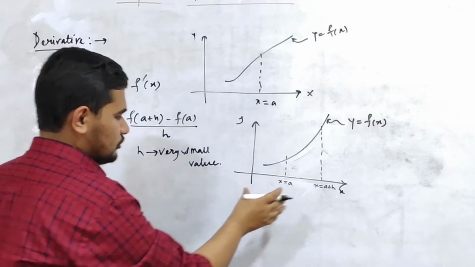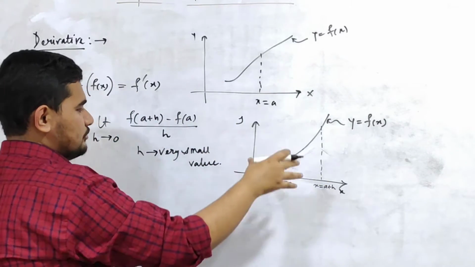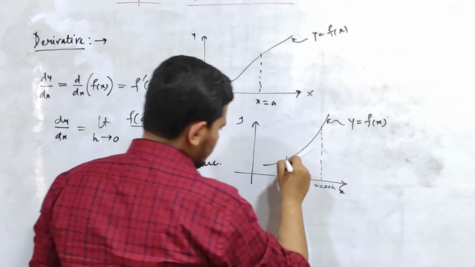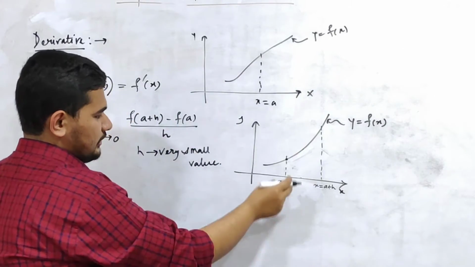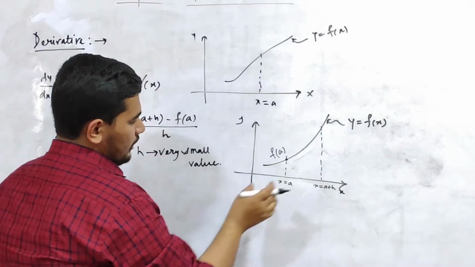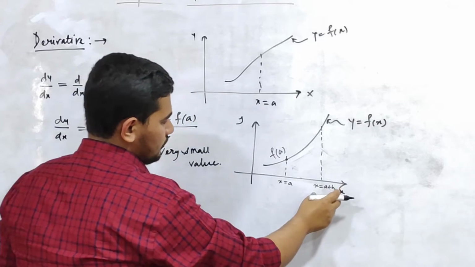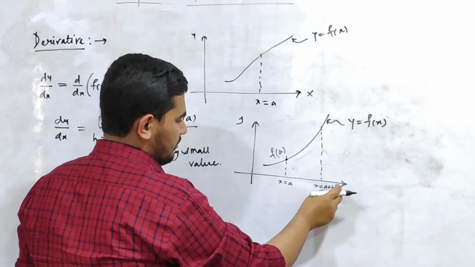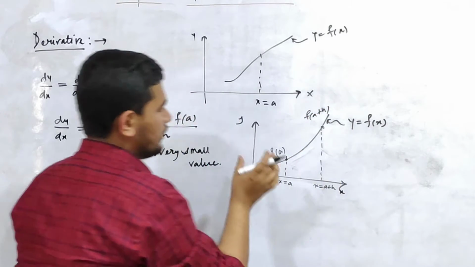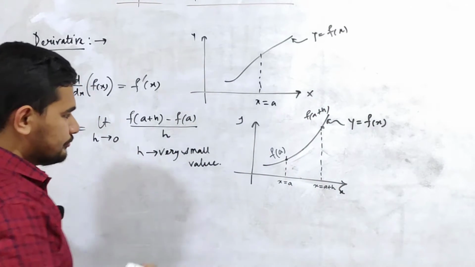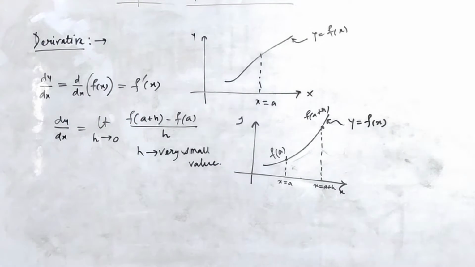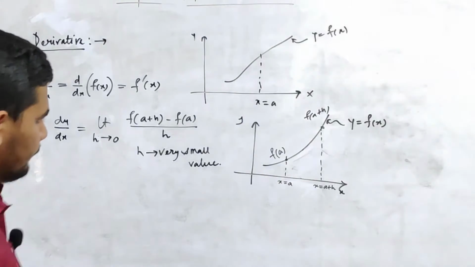In reality they are not so far apart, but I enlarge the view for clarity. Here I get the value of f(x) at x equal to a, which I write as f(a), and the functional value at a plus h as f(a plus h). Now I join these two points on the curve by a straight line.